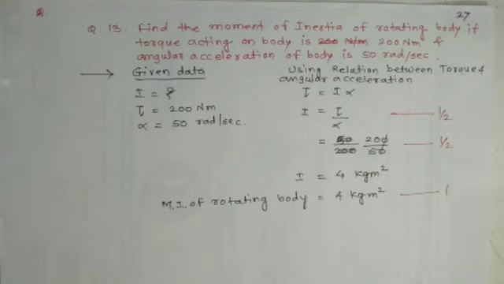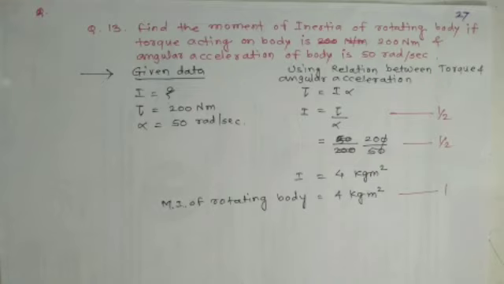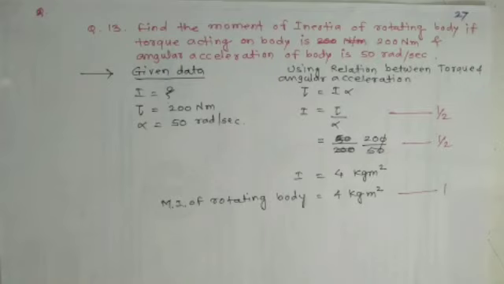Another numerical-based question, question number 13. Find the moment of inertia of a rotating body if the torque acting on the body is 200 Newton meter and the angular acceleration of the body is 50 radian per second squared. For the answer, first we write the data.